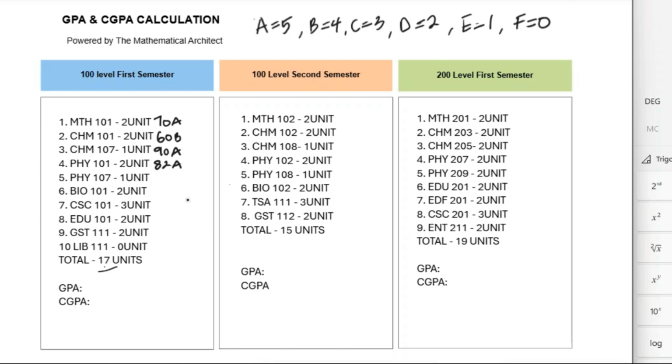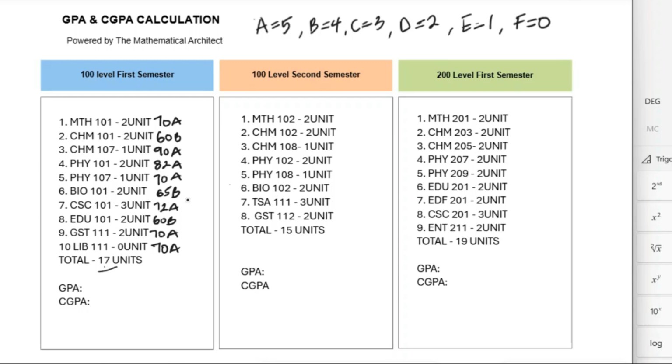In physics 107, let's assume you had 70A. In Bio 101, let's assume that you had 65B. In CS 101, let's assume you had 72A. In Ed 101, let's say 60B. In GS 111, let's assume you had 70A. And in LIB 101, let's assume you also had 70A.